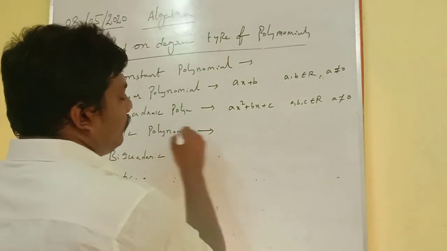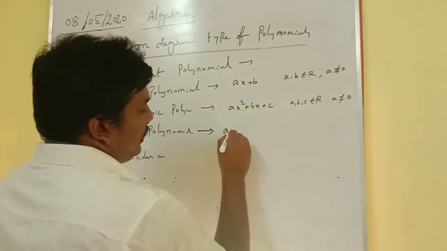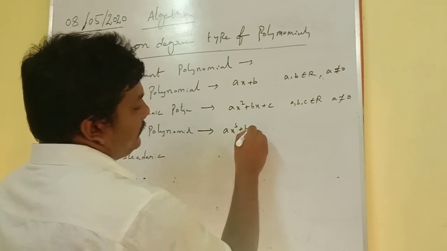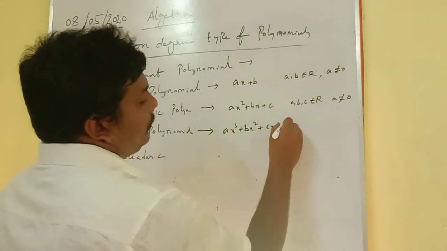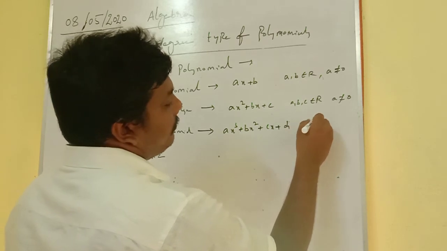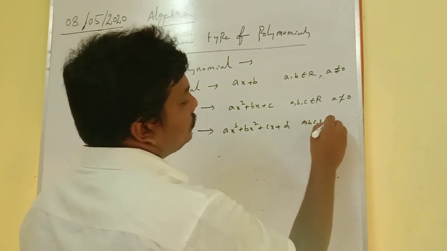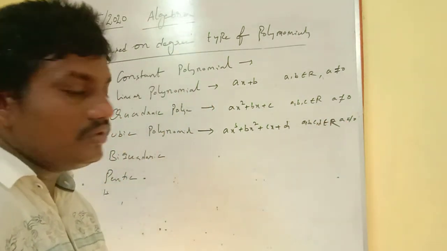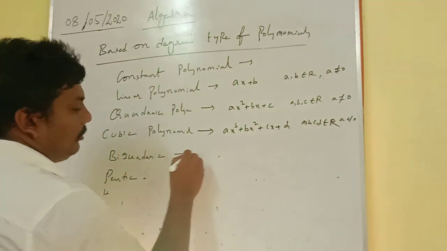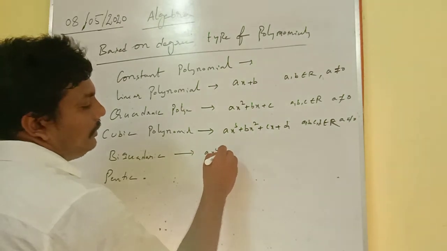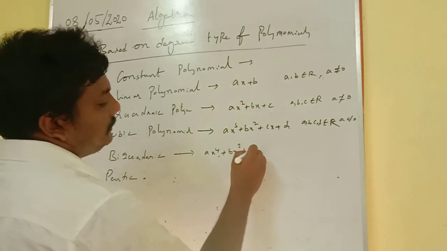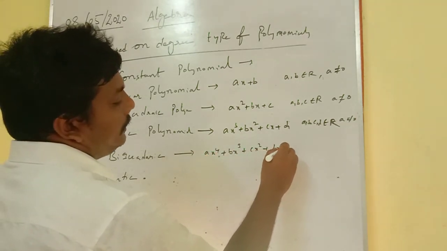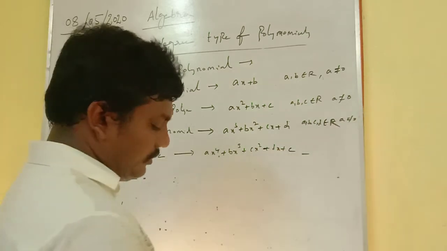Then the cubic polynomial: ax cube plus bx square plus cx plus d, where a, b, c and d belong to real numbers and a is not equal to 0. Like that, the biquadratic polynomial: ax power 4 plus bx cube plus cx square plus dx plus e.